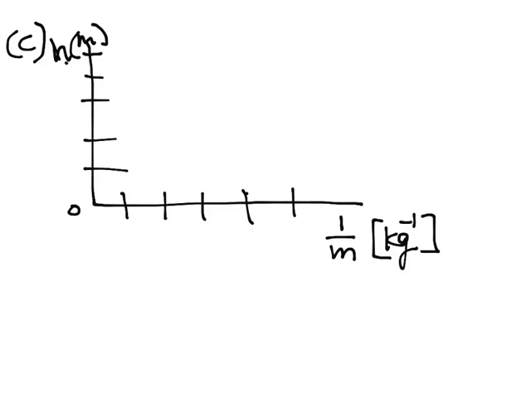The maximum height is about 0.5 meters, and the maximum value for 1 over m was 50 inverse kilograms. When you graph the data points, you end up with a roughly straight line that looks something like this. And I'm going to draw my red line in there.